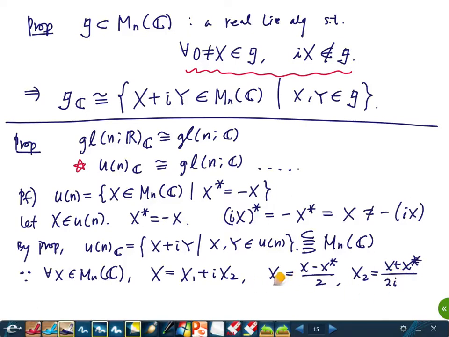If we define X1, X2 in this way, then X1 star is minus X1, X2 star is minus X2. So both X1 and X2 are in u(n). That means X must be in the complexification of u(n). So they are the same. In this way, you can prove other things.